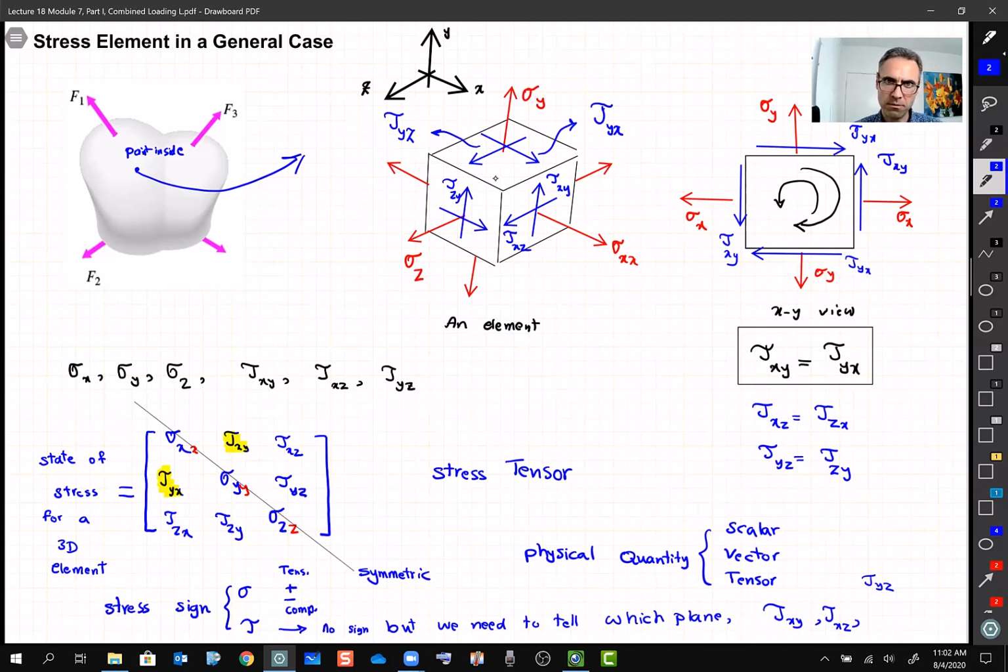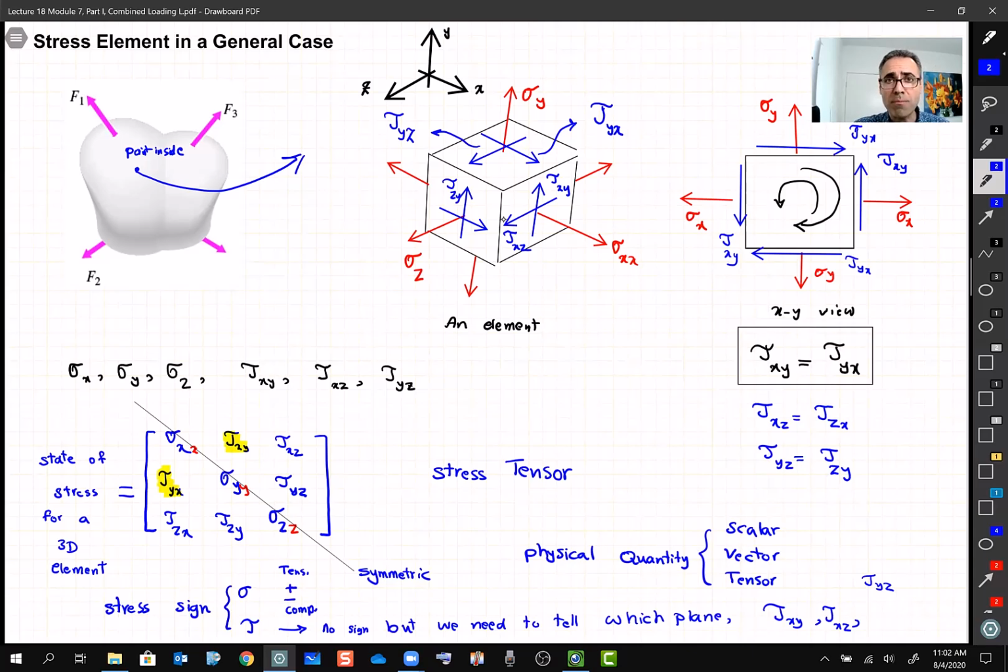So one more time, you take any point, you magnify it, and you imagine this point as being more like a cube shape, because it's so tiny, it's just a point. For this cube, we imagine the sides are the same size, like width, height, and depth. And then we decide on x, y, z. On each side, we have shearing stress and also normal stress.